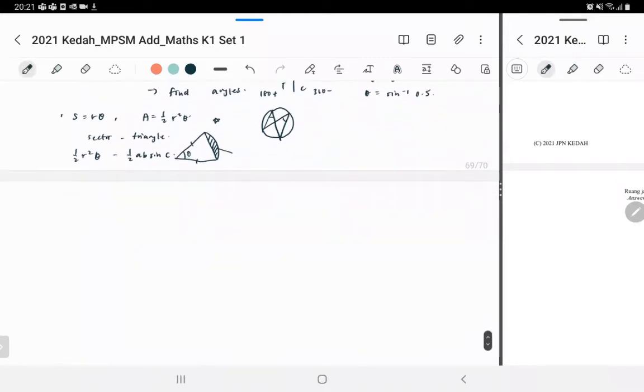And then in bahagian A, it might have differentiation, and quite popular this year are the differentiation questions. They might give you, for example, d/dx of (x squared plus 2) over (2x plus 3) equals g(x). Then the question asks you to do the integration of g(x) dx from 1 to 2.